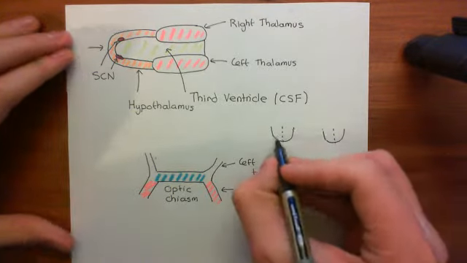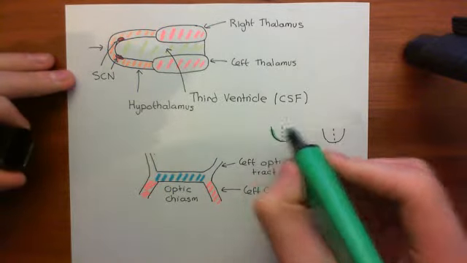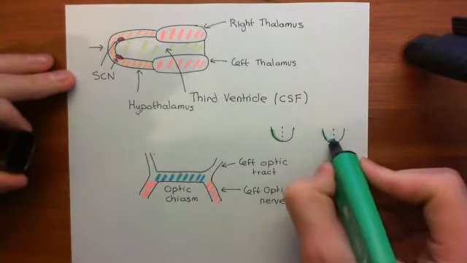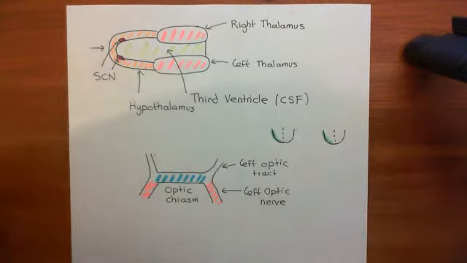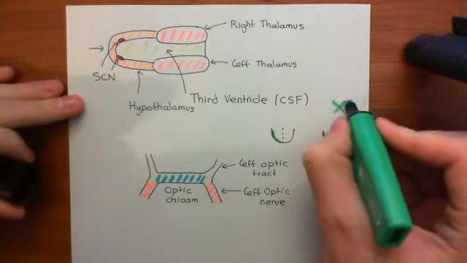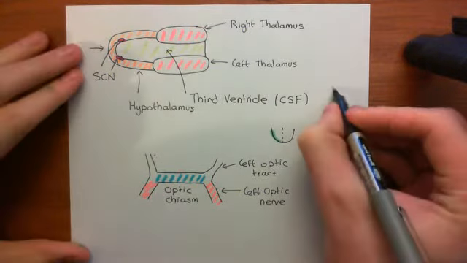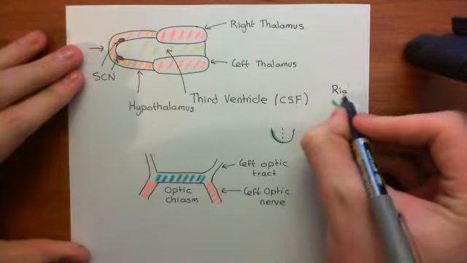These sides, which I'll highlight in green, this portion of the left-hand eye and this portion of the right-hand eye are receiving information from over here, so from the right portion of the visual field. So this is the right visual field.